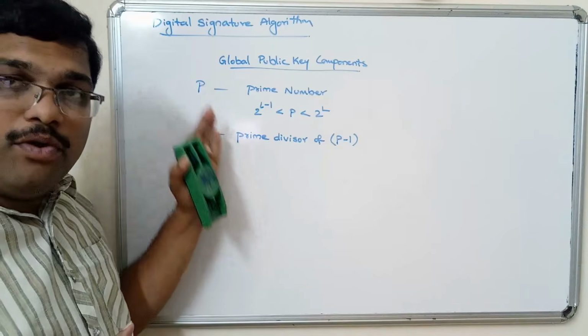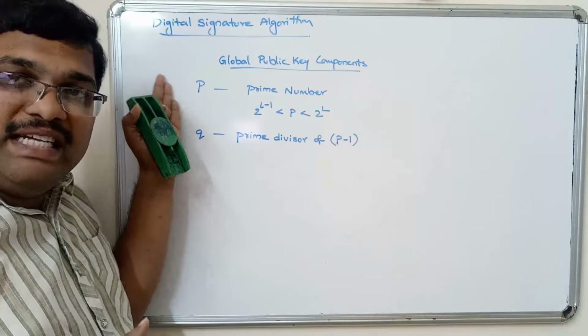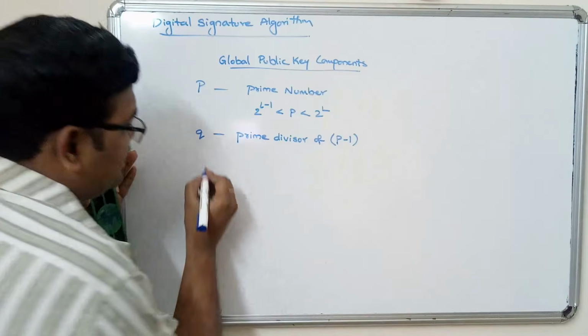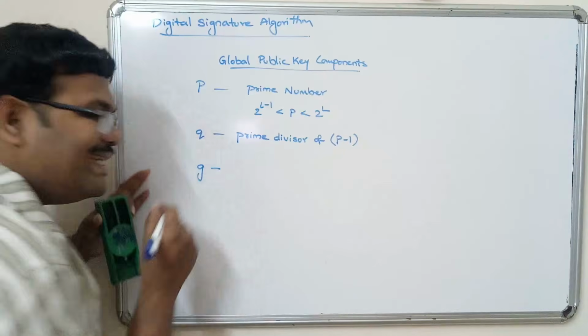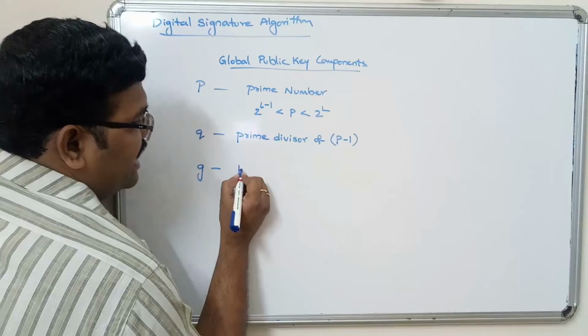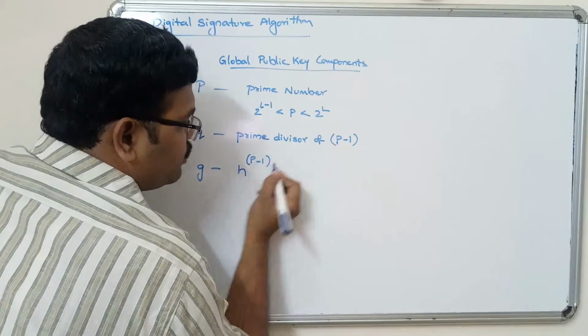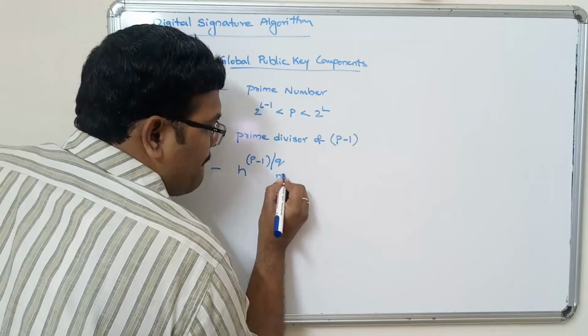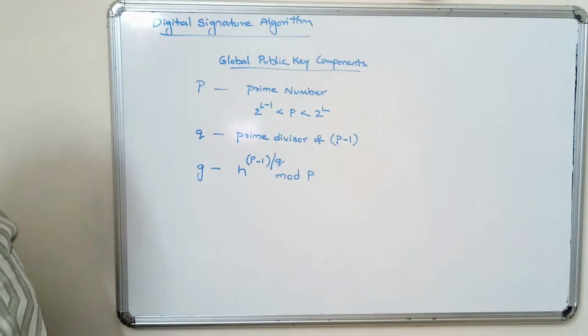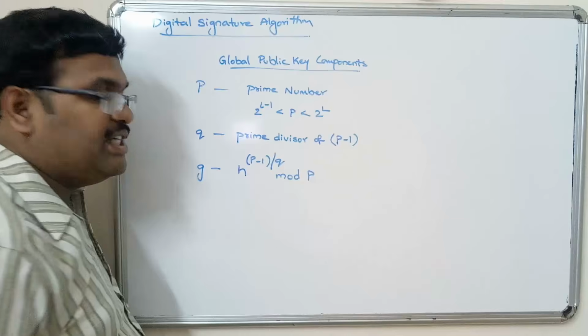So here both are primes, right? P is a prime and Q is also a prime divisor. Next, the G value. G is a global component, which is H power P minus 1 divided by Q, mod P. So this is the G value.